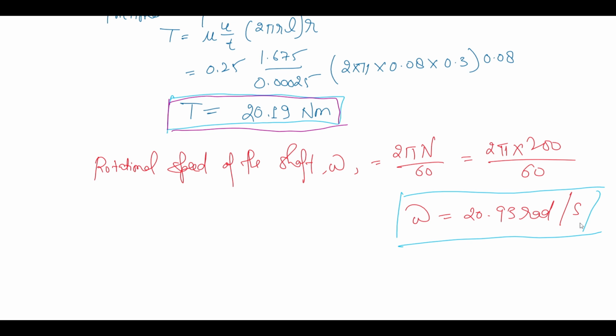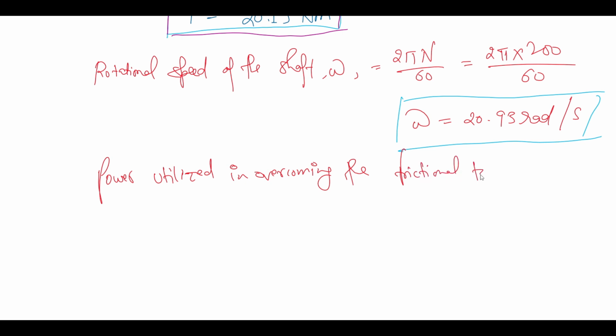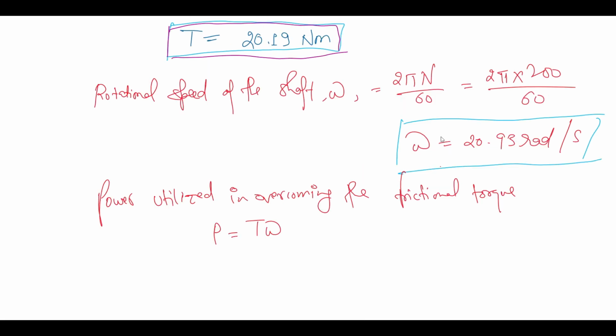After all of this, the last thing I need is the power utilized in overcoming the frictional torque. So P is equal to T omega.